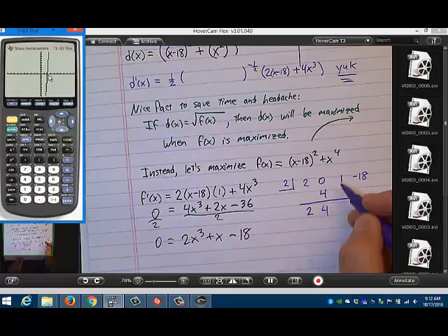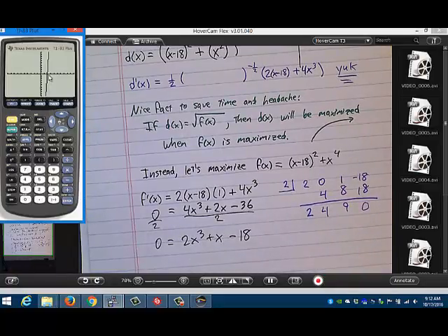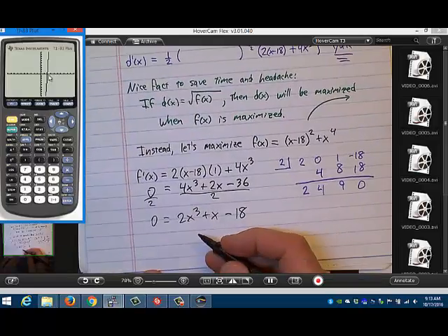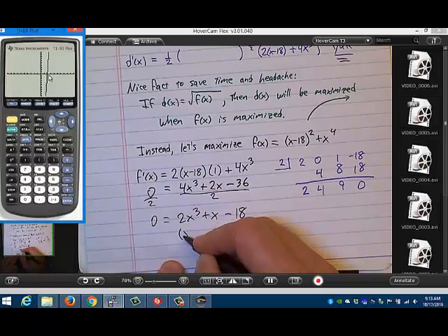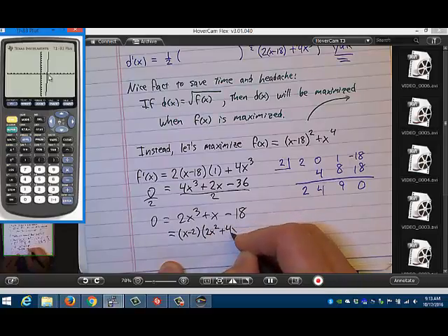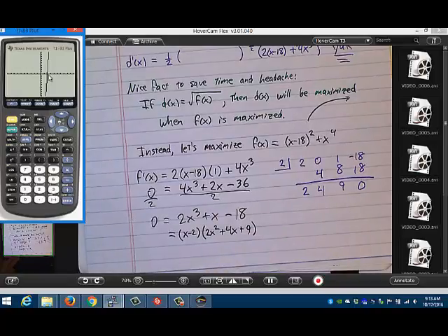Okay. 2 times 4 is 8. 8 plus 1 is 9. 2 times 9 is 18. Hey, it works! Because this is a zero remainder, what I just showed is that this equation can be factored into (x minus 2) times (2x squared plus 4x plus 9). If you don't believe me, you can multiply it out and check my work.